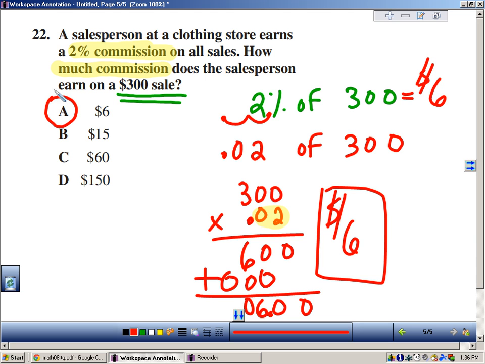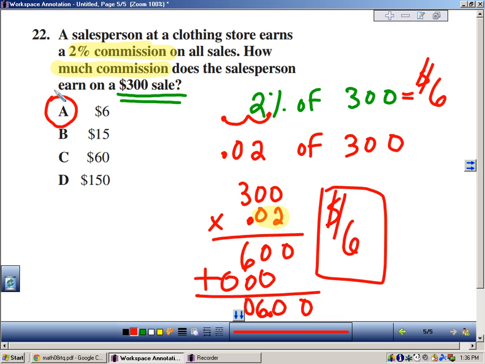And we do that by taking the percent, changing it to a decimal, and then taking the amount, the number, and multiplying it by that percent written in decimal form. Once you do that, then you're able to read the question and think about what it's asking. Whether or not you subtract that number to find a sale price, or add that number to find a profit, or just leave that number alone and find the commission.